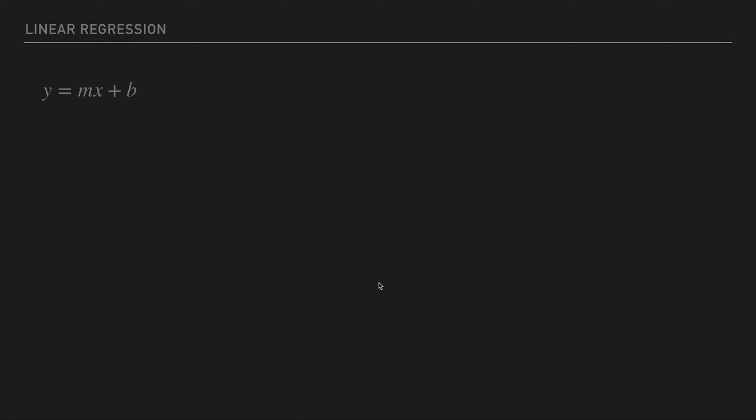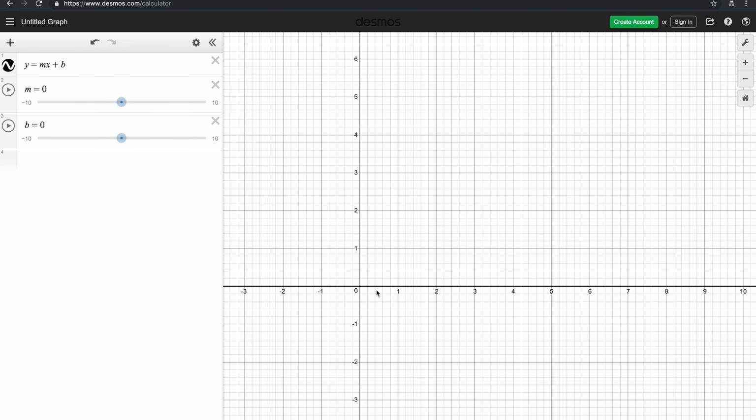So let's illustrate this in our tool Desmos. Okay, so we're in our tool Desmos here. We have a slider for M and we have a slider for B. Let's just see what the effect of each of these are. So if we increase B, we see that the line is moving up. As we decrease it, we see that it's moving down. So it's really the offset in the y-coordinate.